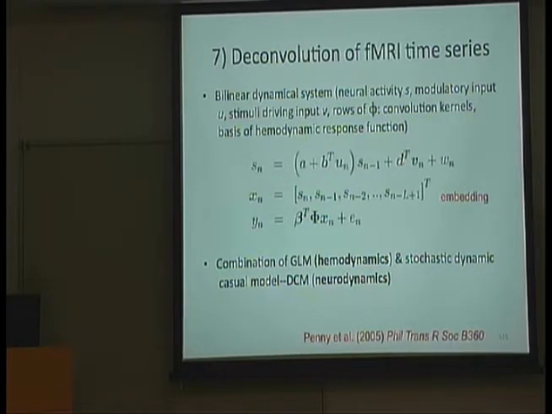Then they also make some interpretation. This bilinearity can be explained by a Volterra series. You have a general nonlinear function depending on S and U, and you can do a Volterra series expansion, taking certain terms and throwing away most of the second order terms. It's just the bilinear term, the interaction between these two terms. Keep that term, and then you can interpret it as a Volterra series expansion.